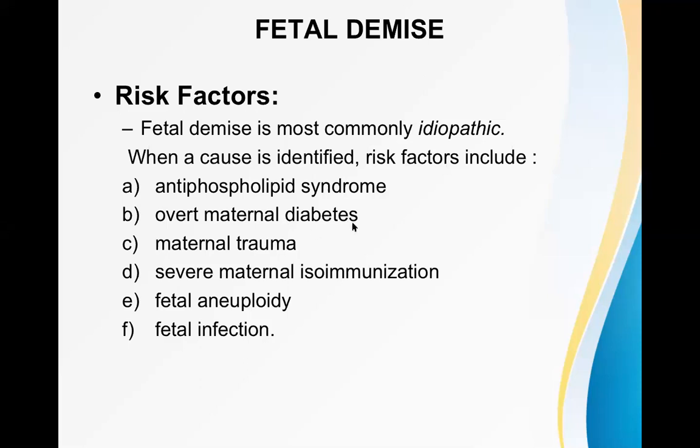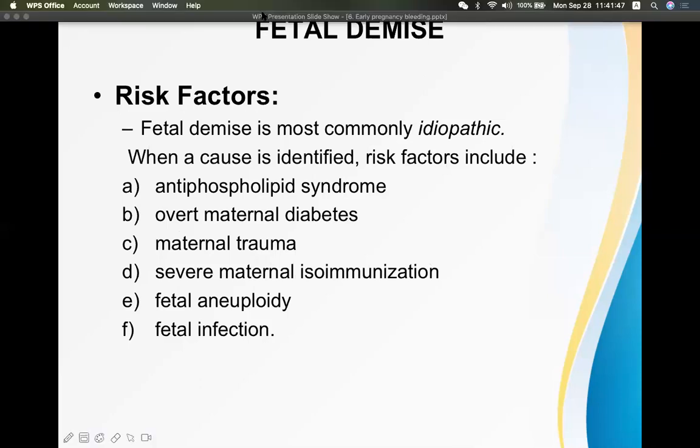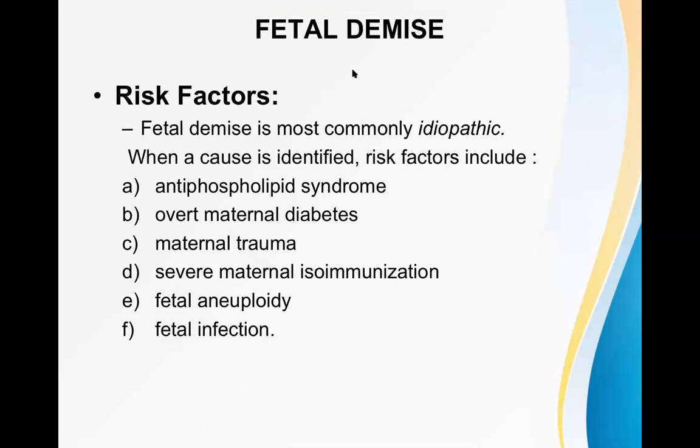Overt maternal diabetes, overt means frank maternal diabetes, both gestational diabetes or chronic diabetes. Maternal trauma, a very important cause of fetal demise or death. Severe maternal isoimmunization. This isoimmunization is the same term for RH incompatibility.